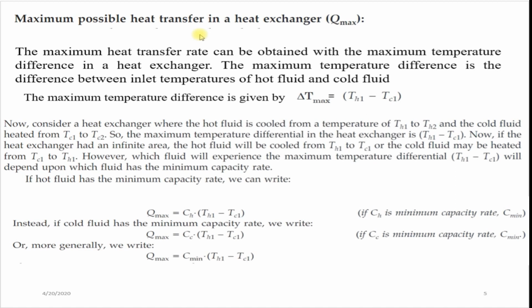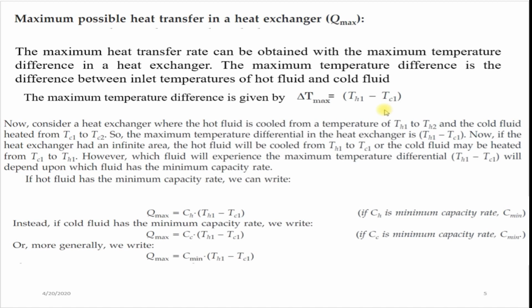It is given by delta T max equal to Th1 minus Tc1. A heat exchanger will reach its maximum possible temperature difference Th1 minus Tc1 when the cold fluid is heated to the inlet temperature of the hot fluid or the hot fluid is cooled to the inlet temperature of the cold fluid.